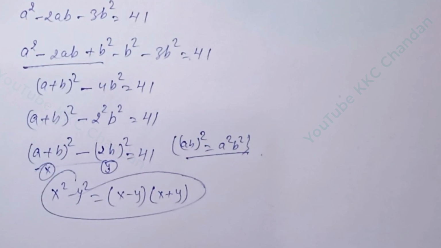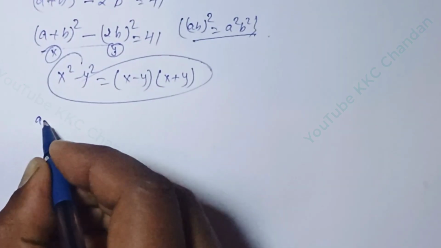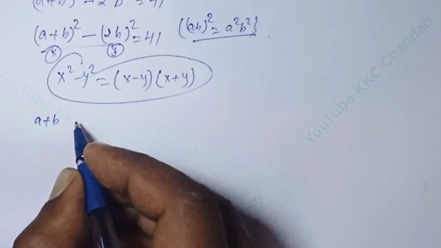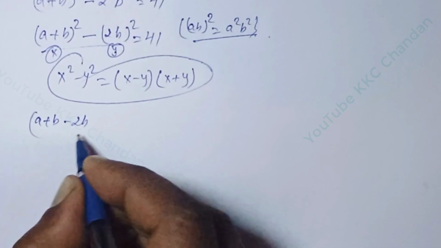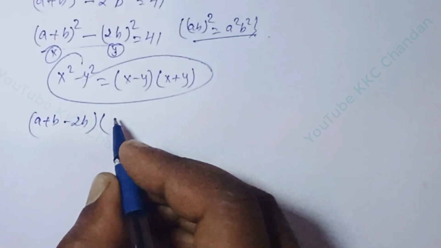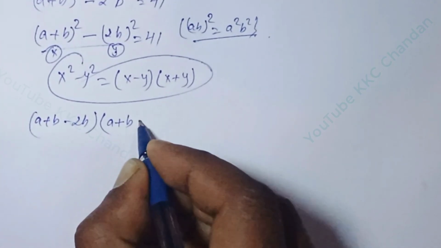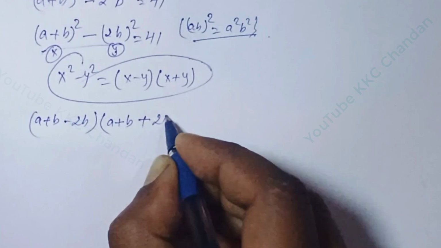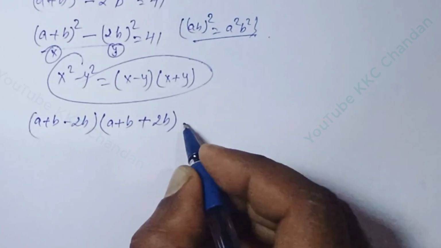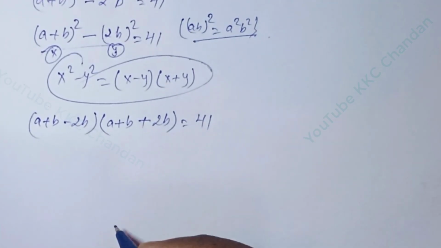So after the next step, see here, a plus b minus 2b into a plus b plus 2b bracket close is equal to 41.